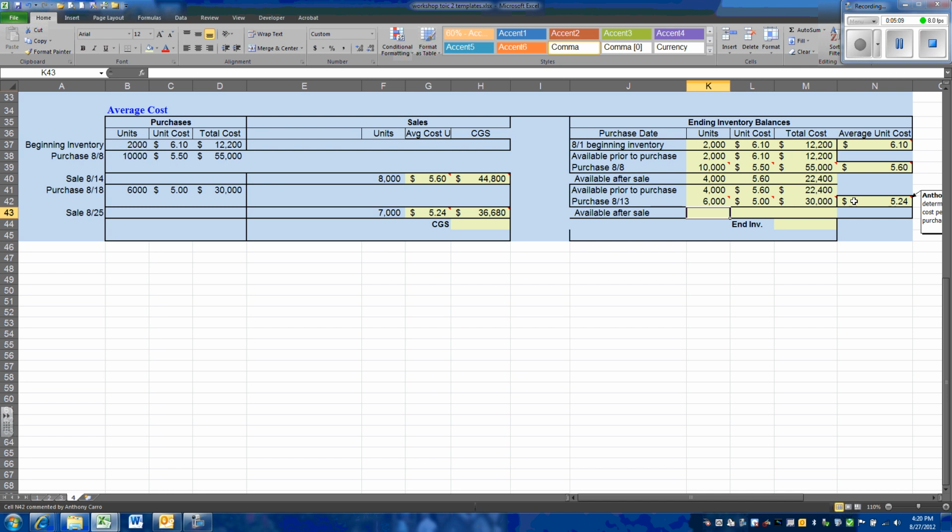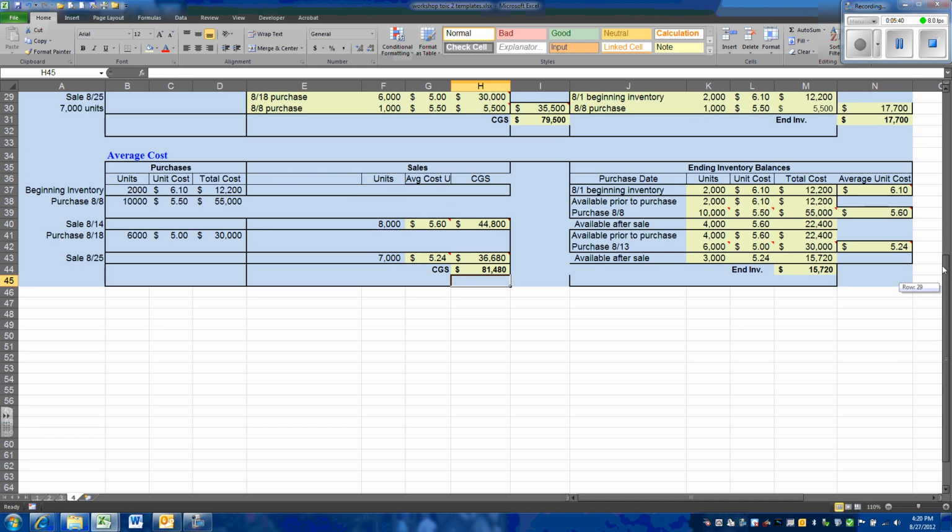That will give us a balance of 3,000 units at an average cost of $5.24. So our inventory balance after the sale will be $15,720. That will be our ending inventory at the end of the period, since there are no more inventory transactions, and our cost of goods sold will be $81,480.